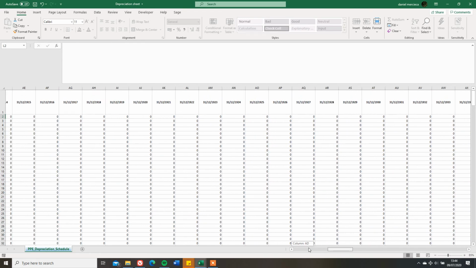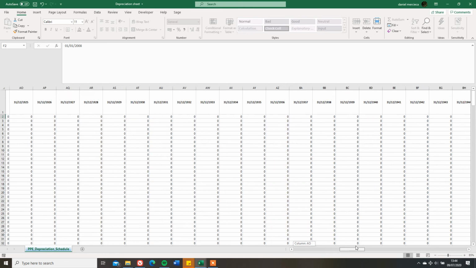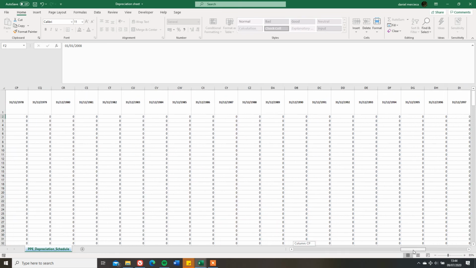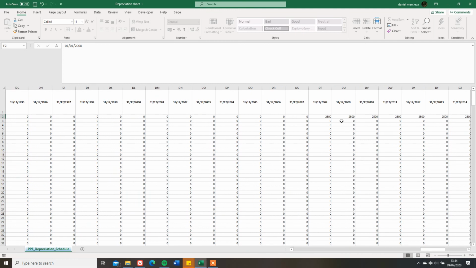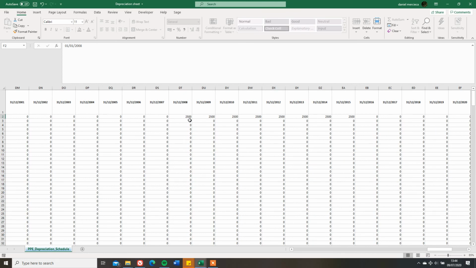Okay, so you simply go to the year when the asset was added, which in our case is 2008. Okay, and here you can see the depreciation per annum. So the asset is being depreciated 2,500 per annum up to the date of disposal, which we said was 2015.